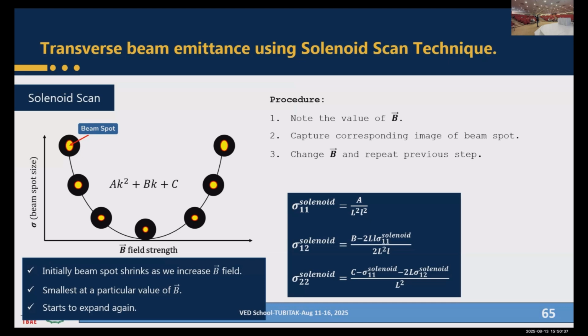So what we do, we change magnetic strength and we keep an eye on this beam spot. A moment will come when the beam will be very focused, and in fact, if I keep on increasing the strength of my magnet, the beam will again start to defocus. Why? Yes, excellent question.